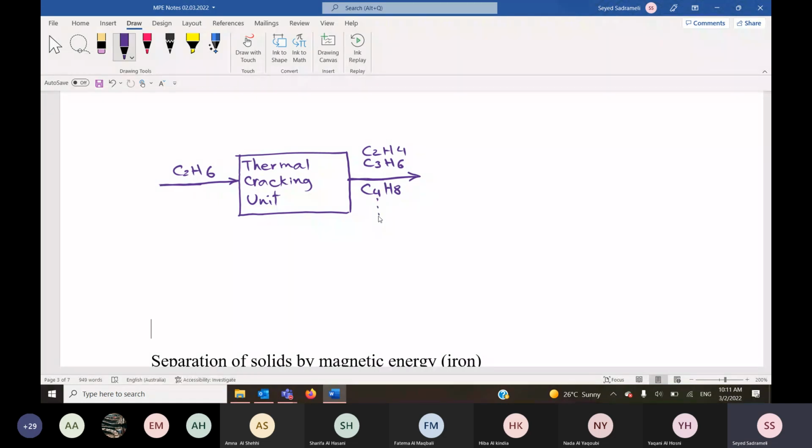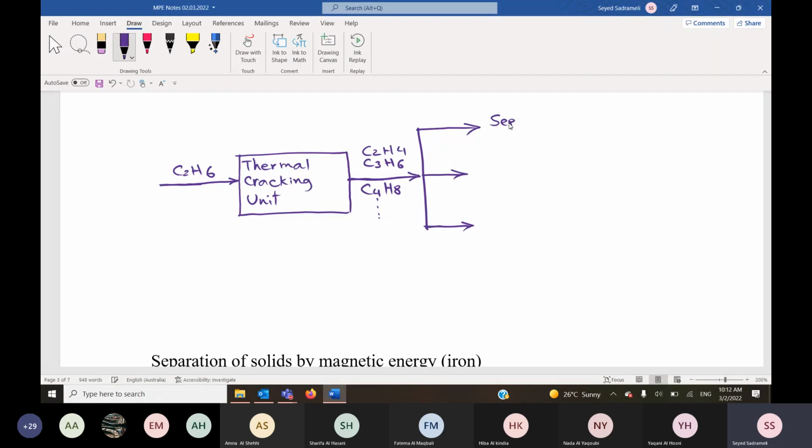And then they have separation processes downstream of the process.